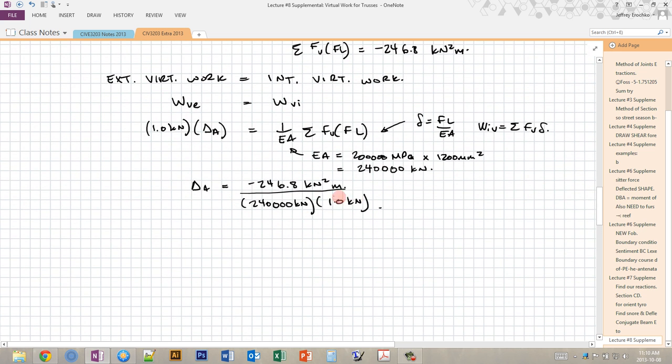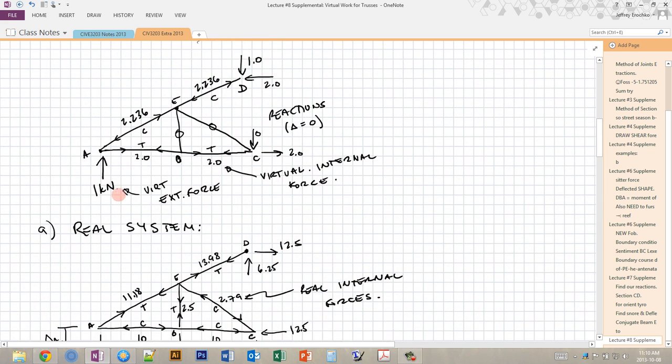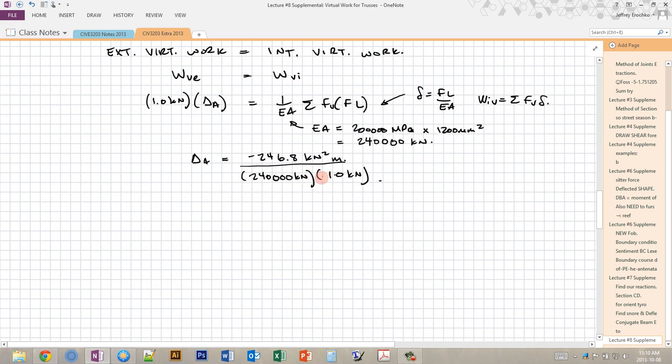Now, this of course could be any magnitude that we care to make it on our virtual work diagram, but it's convenient to make it 1, because then when we divide, we're only dividing by 1 here. So then this equals negative 0.001028 meters.